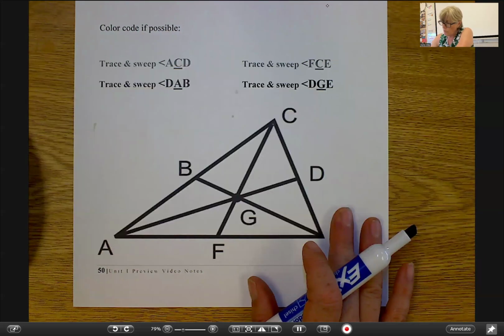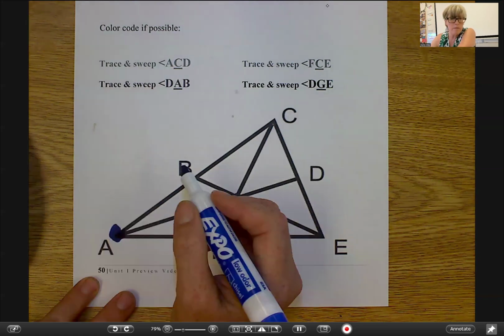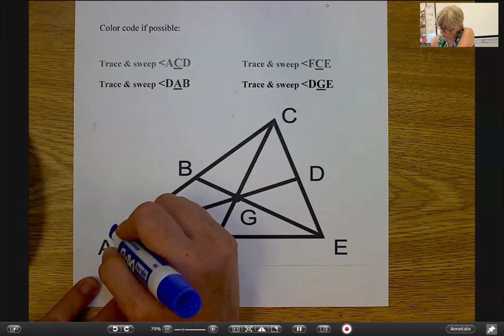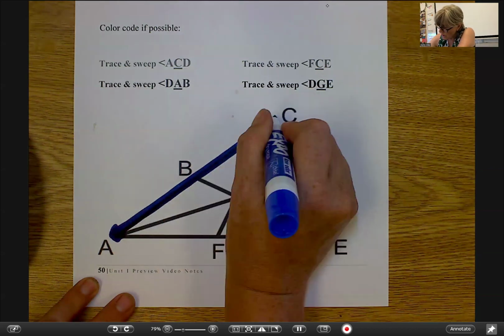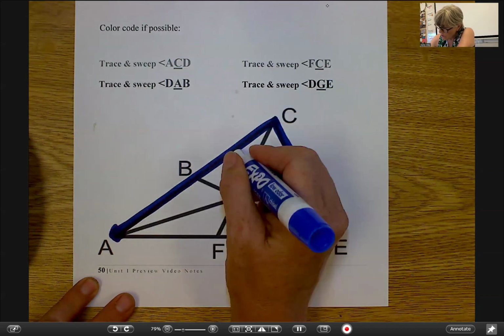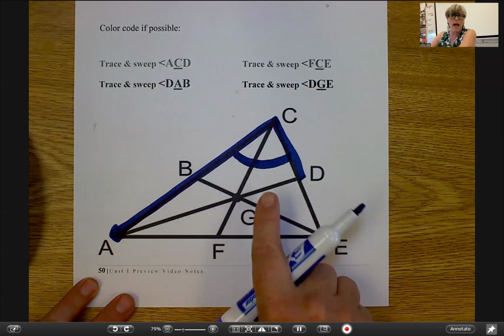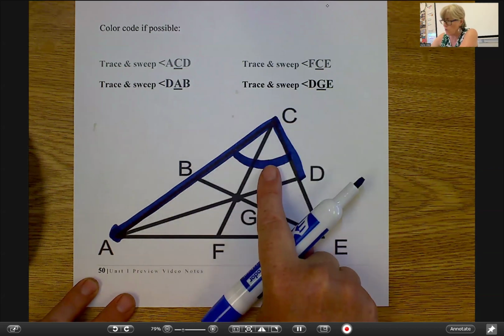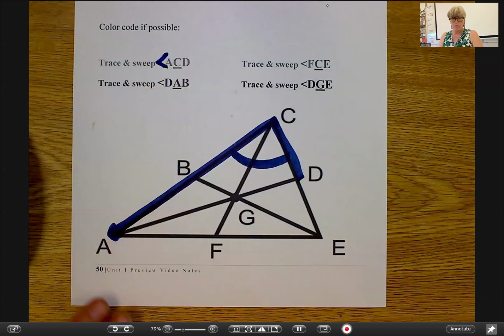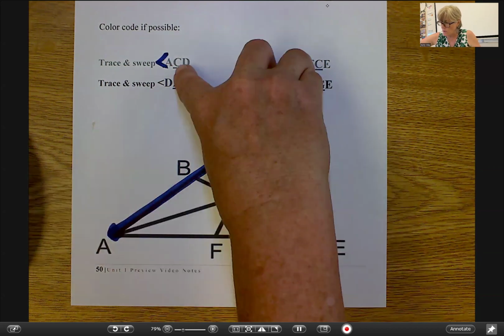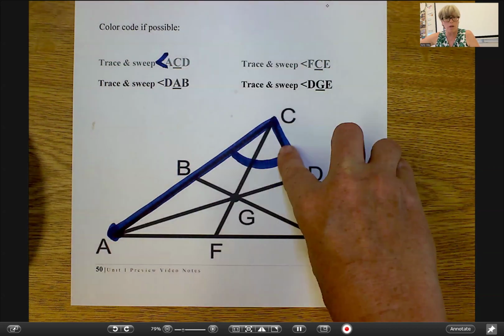Watch. Put your pen on A. We're going to go to C, down to D, trace and sweep. That would be the angle ACD. Trace and sweep. Notice C is the center letter and C is where we swept.